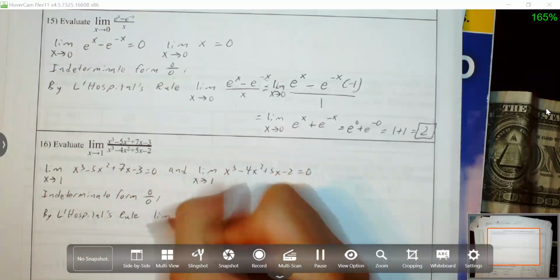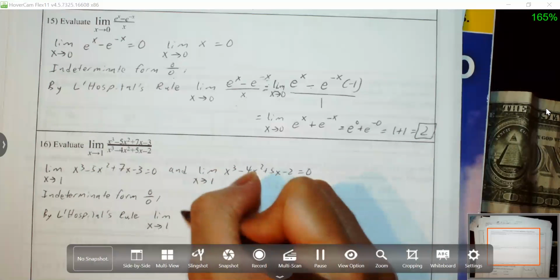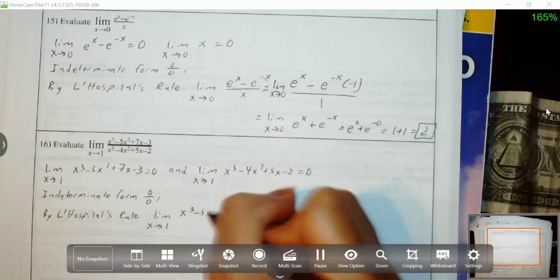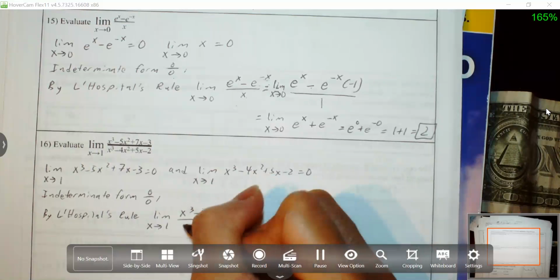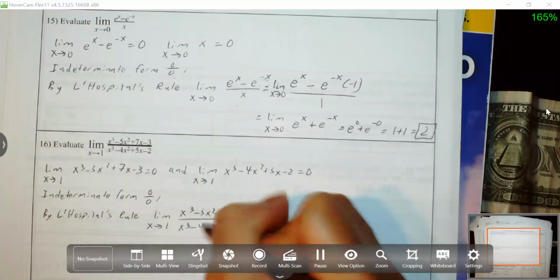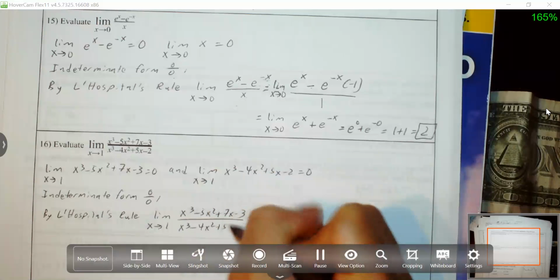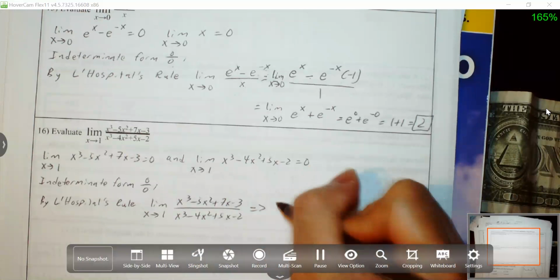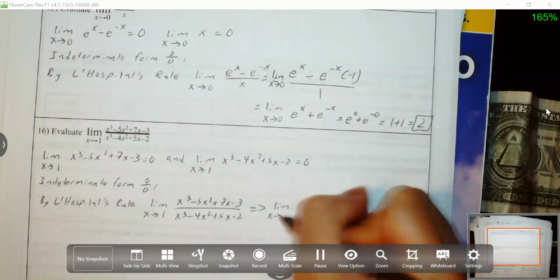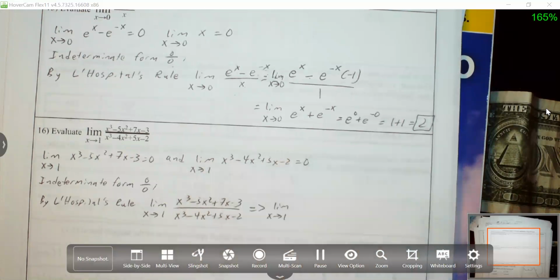The limit as x approaches 1 of this mess here is equivalent to the limit as x approaches 1 of the derivative of the top and the derivative of the bottom.